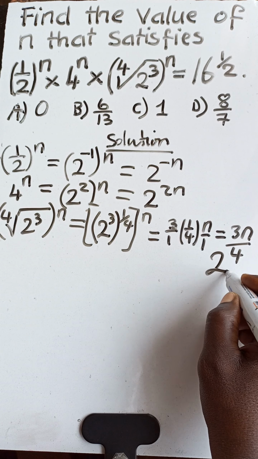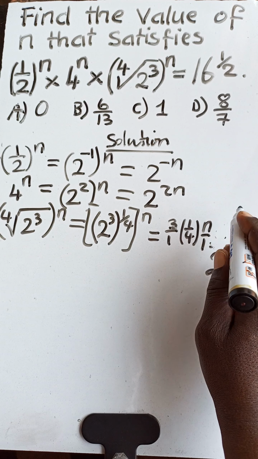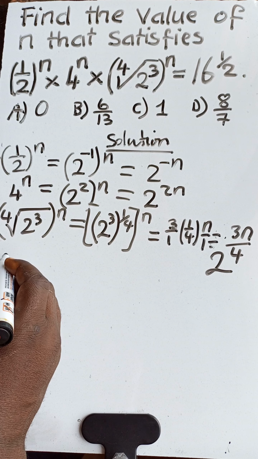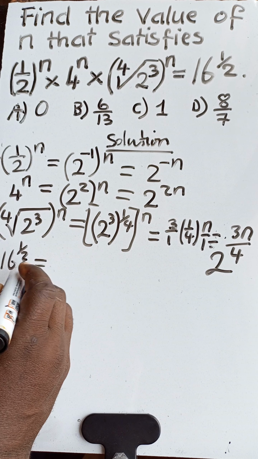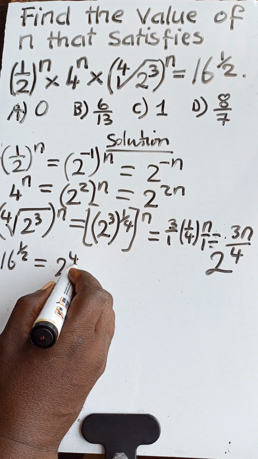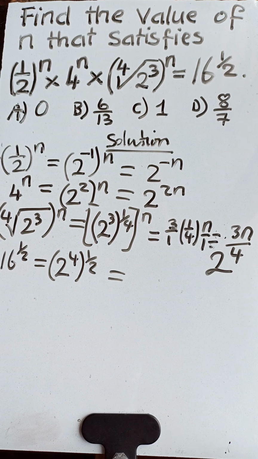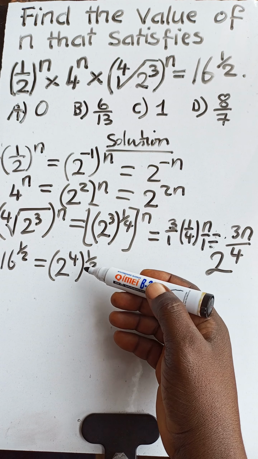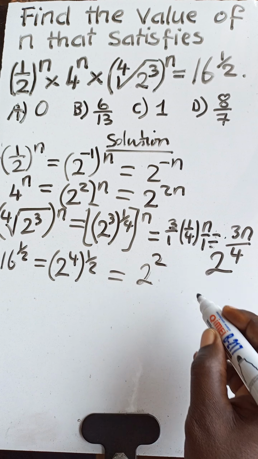So we say this is 2 raised to the power 3n all over 4. Now, 16 to the power half. 16, first of all, is 2 to the power 4 raised to the power half. Again, we carry out the same procedure: this power multiplied by this power. 4 multiplied by a half is simply 2. So we have 2 to the power 2.